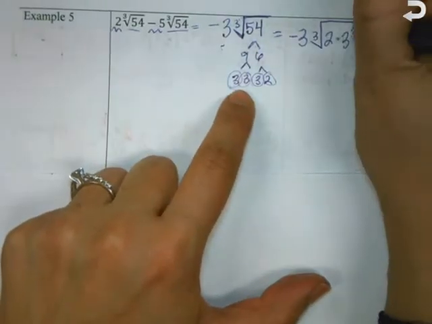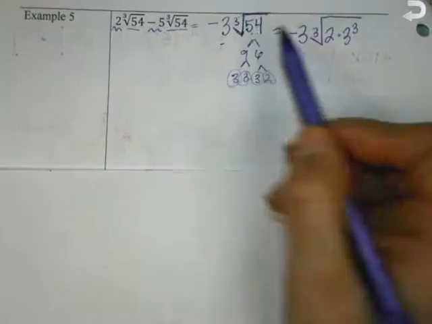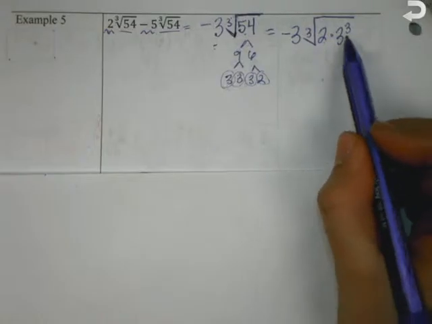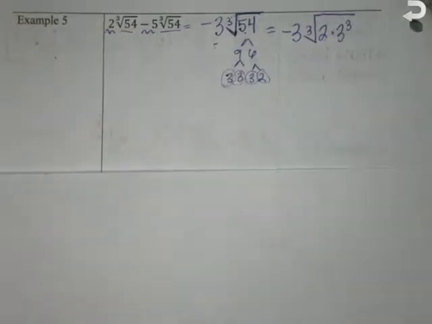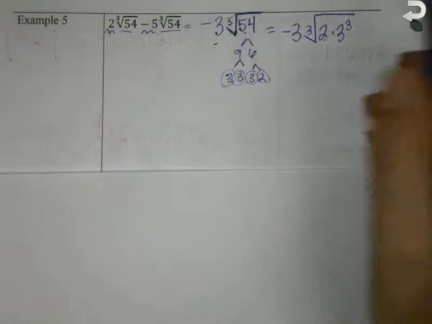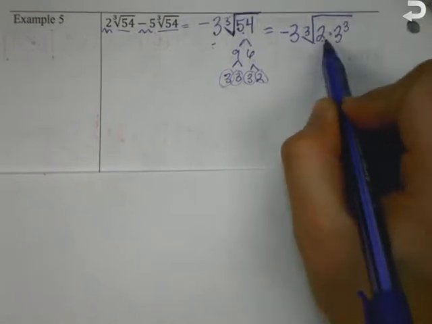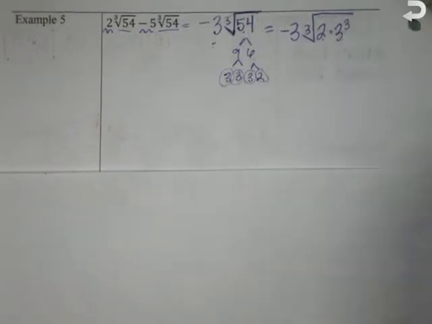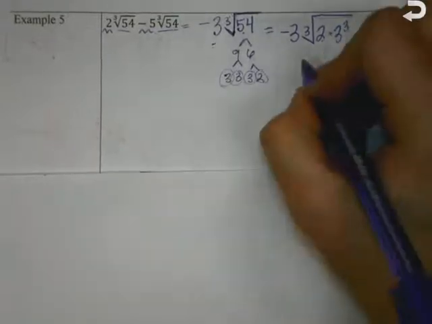Is everybody okay with that? The reason we write it this way is because it makes it really easy for us to see what I can and can't pull out. So looking at this cube root of 2 times 3 to the third, is it obvious what I can pull out now? What can I take out? That 3. That 3 to the third comes out and becomes negative 3 times 3.